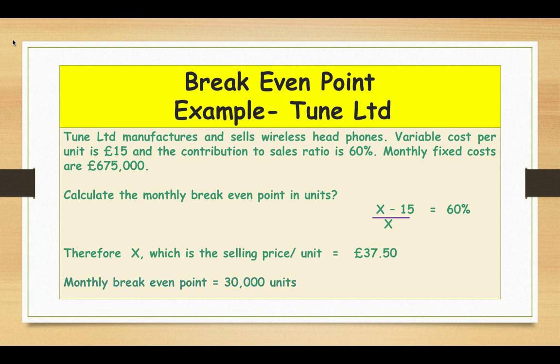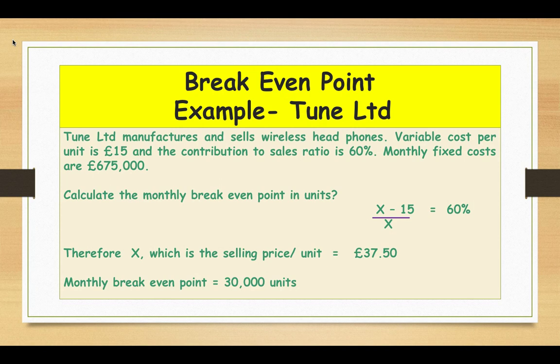So now we can calculate the monthly break-even point, which is the fixed cost 675,000 divided by the contribution per unit, which is 37.5, our calculated selling price, minus the variable cost of £15. So the contribution per unit is £22.5.